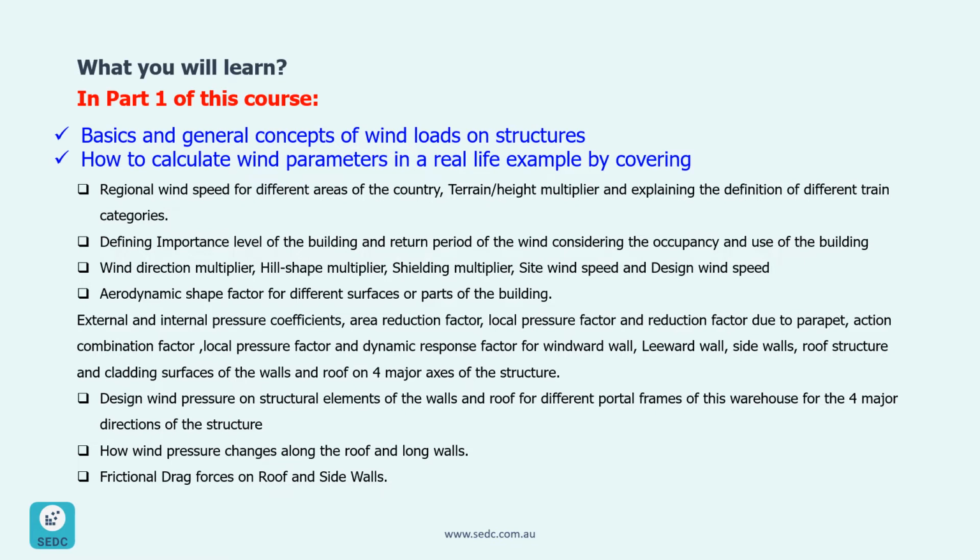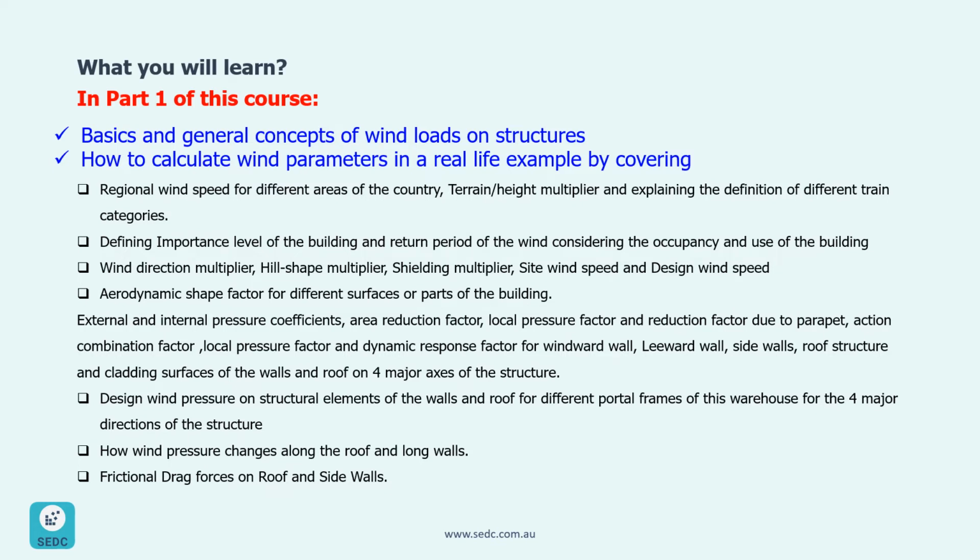In the first part of the course, you will learn about the basics and general concepts of wind loading on structures within our practical and real-life example. I will also explain how to calculate wind parameters and where in the code I'm getting these values from.